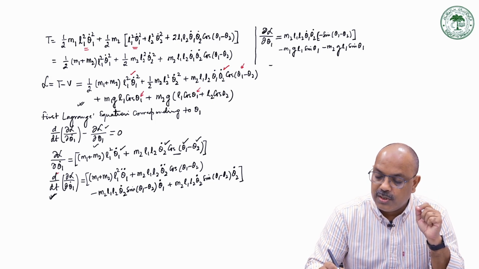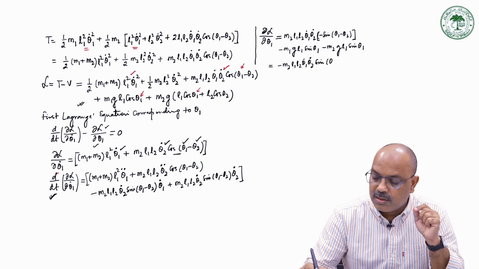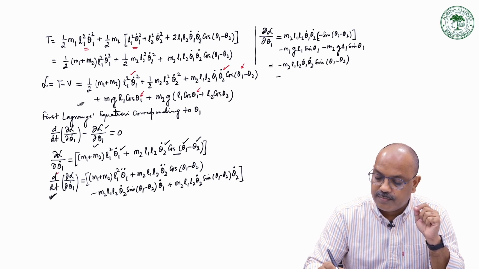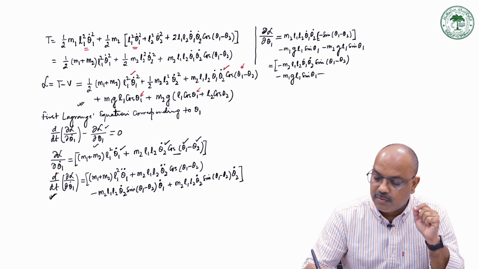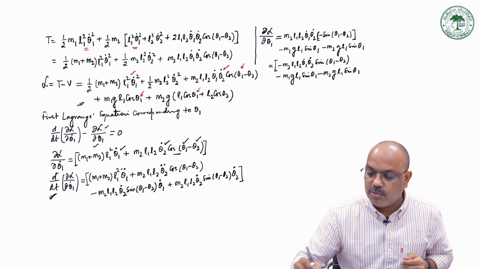So this is going to be minus m2 L1 L2 theta 1 dot theta 2 dot times sine of theta 1 minus theta 2, and minus m1 g L1 sine theta 1 minus m2 g L1 sine theta 1. So you can take m1 and m2 common here.